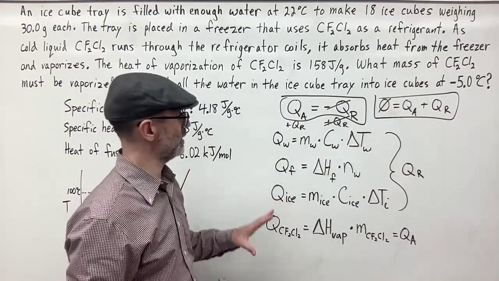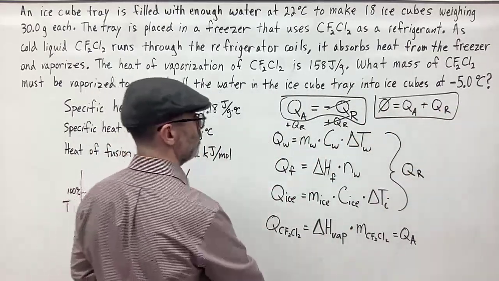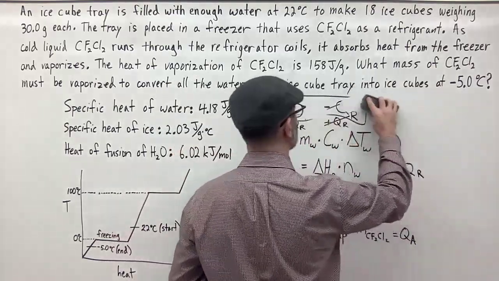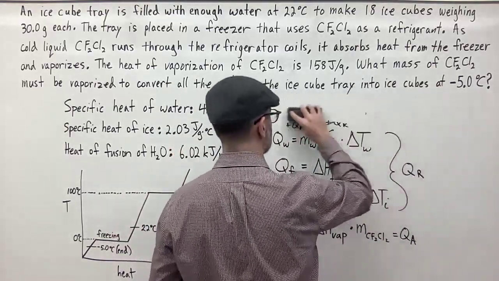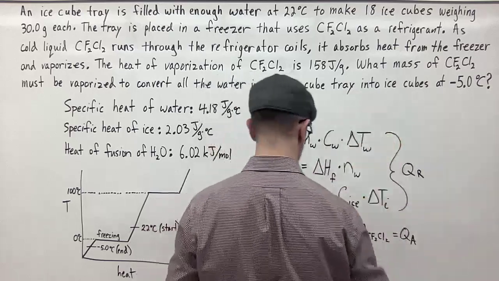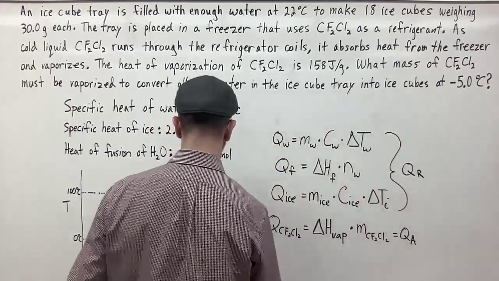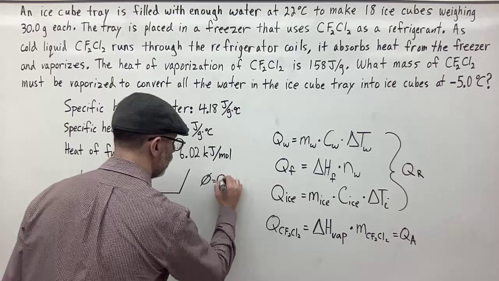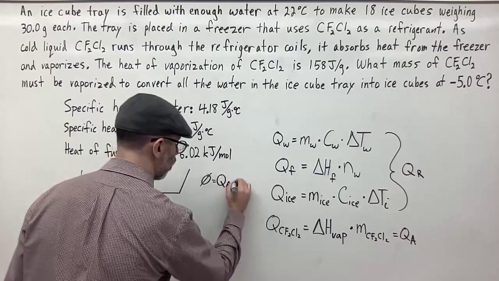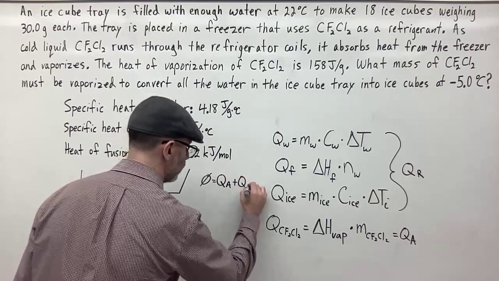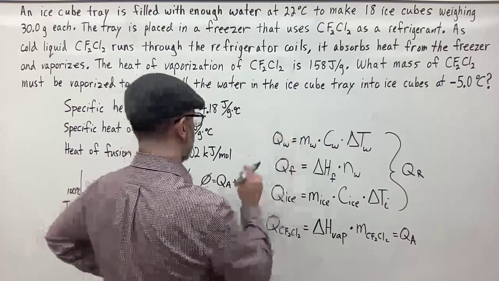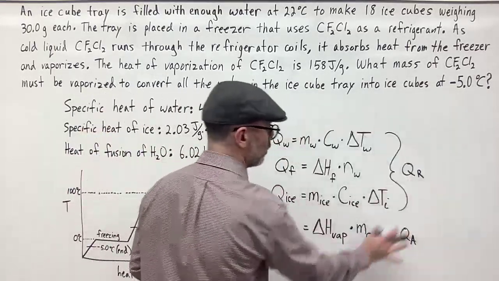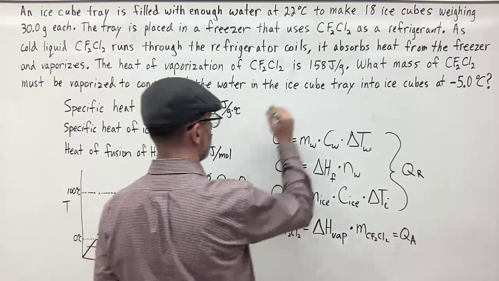So I'm going to go ahead and set it up. So here, let me erase this, give myself some room. Okay, so I'm going to use 0 is equal to the Q absorbed plus the Q released. So basically everything goes to one side. So all of this I'm going to go to one side and then 0 on the other.